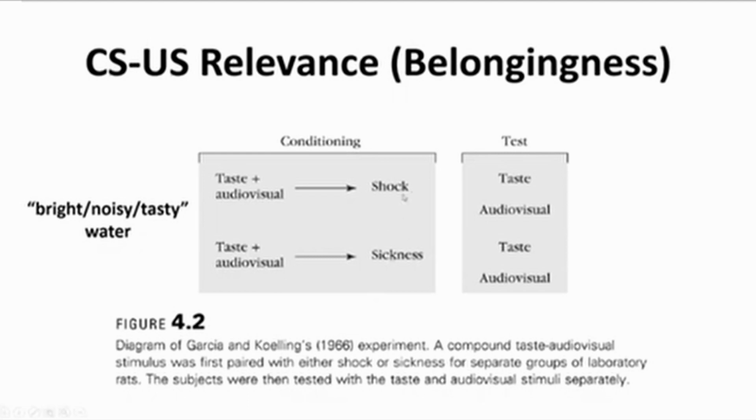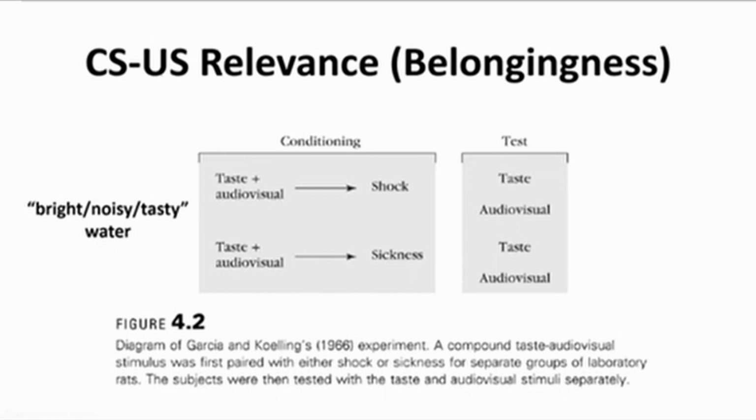The shock would be a mild shock delivered through the floor, or the sickness would be nausea that was induced due to exposure to some kind of chemical. Now, the cool part here is that both the shock and the sickness are aversive unconditioned stimuli, and both would have a particular behavior associated with them. Sickness would be something where you don't want to drink that anymore because it made you sick in the past.